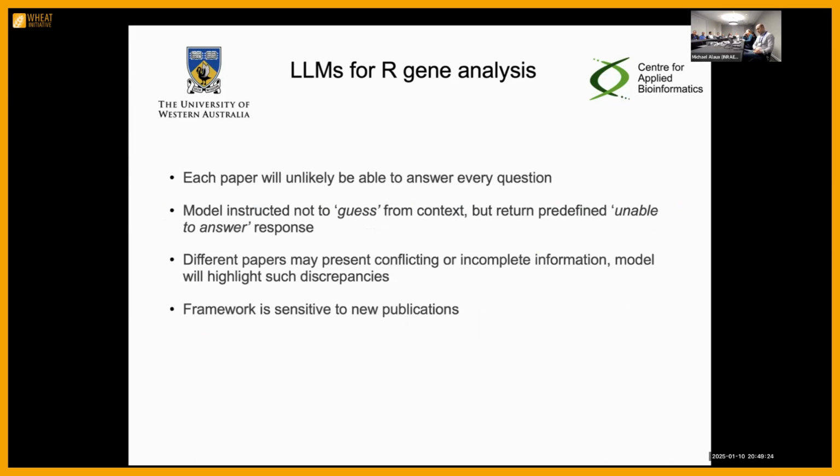So yeah, we've got to instruct it not to guess. Hallucinating is going to be a bit of a challenge. We've got to be able to do it so that we have new publications as and when, and also to highlight conflicts. So where there is a conflict between papers, which happens quite a lot, we actually bring those out.